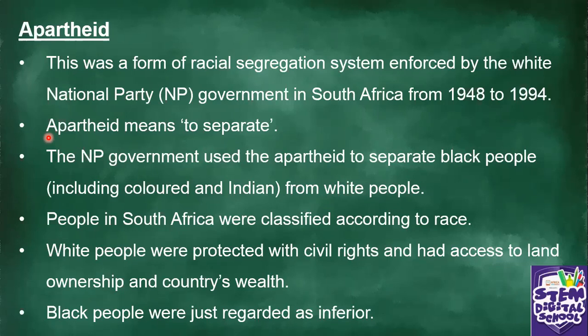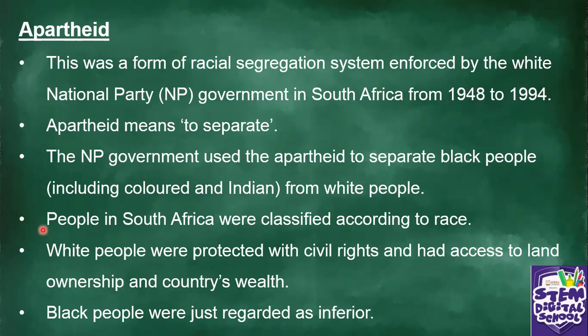So they were going to separate people according to their race. The NP government used apartheid to separate black people, including colored and Indian people, from white people. White people were supposed to be on their own. Black, colored and Indian people were supposed to be on their own.